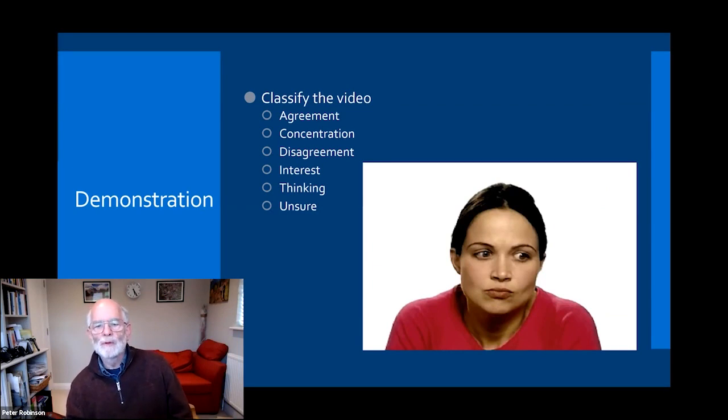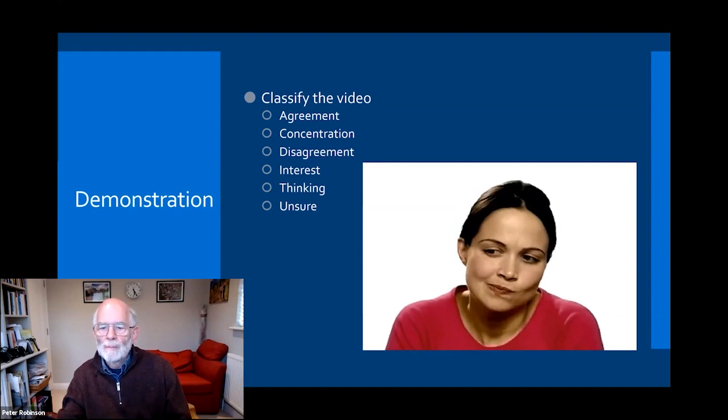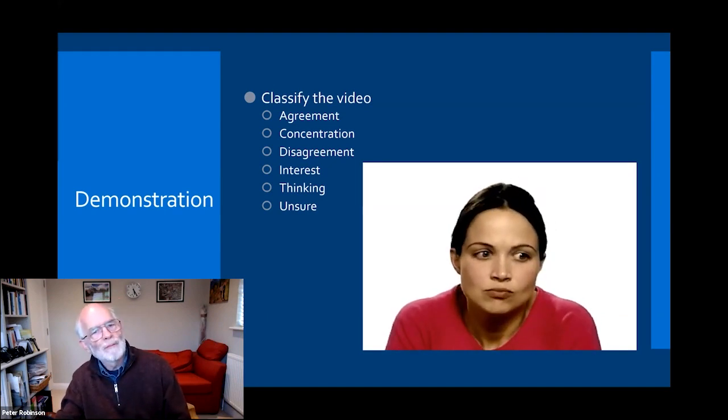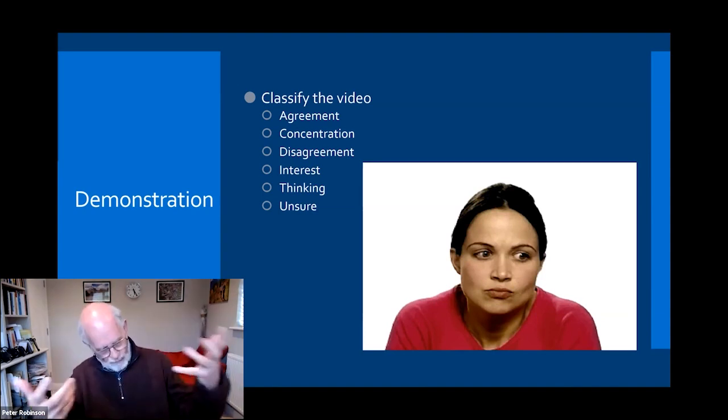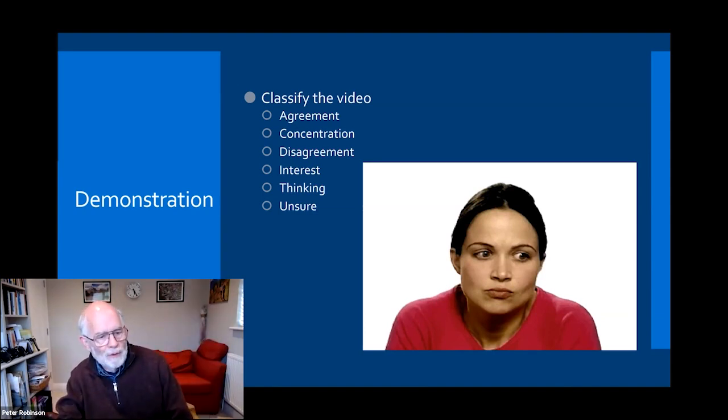And this video clip is one of the Baron Cohen videos, and you could speculate as to what you think the emotion is. If I had a real audience, I would take an extremely unscientific poll, and I'd discover that you never get a unique answer. It's not as if everyone agrees. Some people will see more than one emotion there.